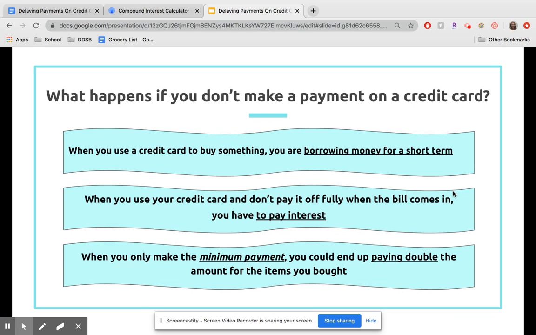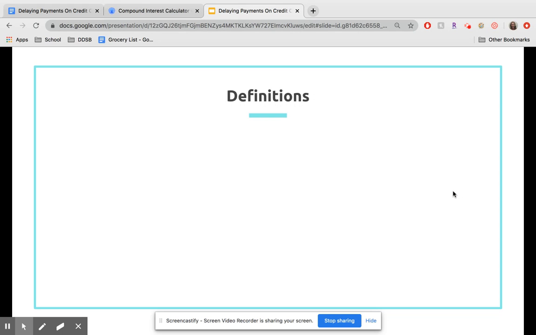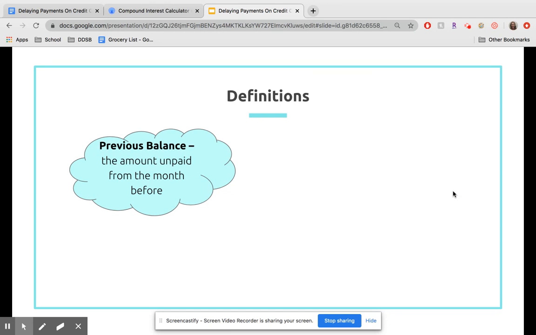So what do some of these words mean? Definitions. Previous balance is the amount unpaid from the month before. So let's say your bill for the month is $200 and you only pay $50 of it. Then $150 will go in as the previous balance.